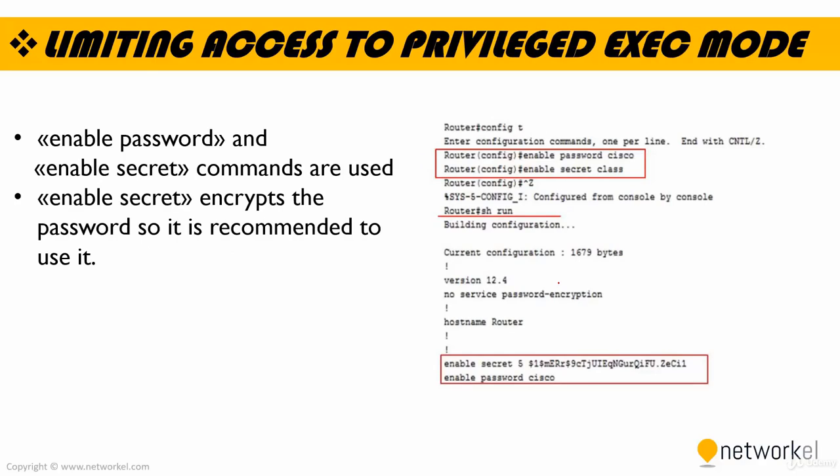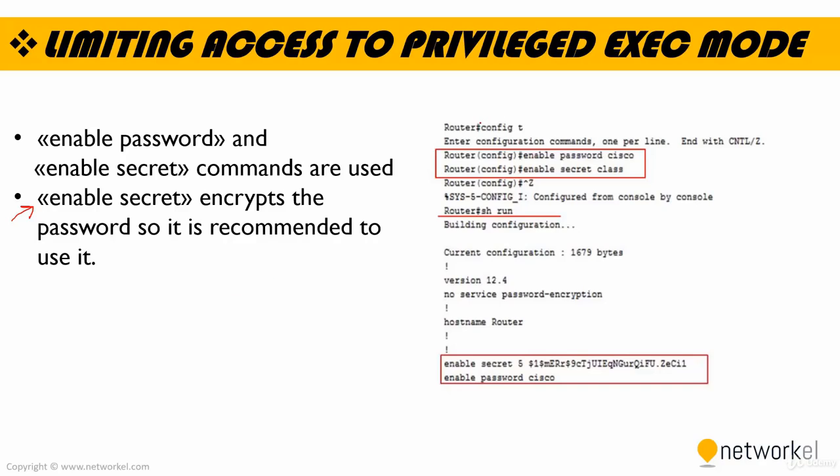And if I want to limit the access to the privileged exec mode, I have two options. I can use an enable password, or I can use an enable secret password. If I use the enable secret password to limit the access to the privileged exec mode, that also encrypts the password, so it's recommended to use the enable secret command.